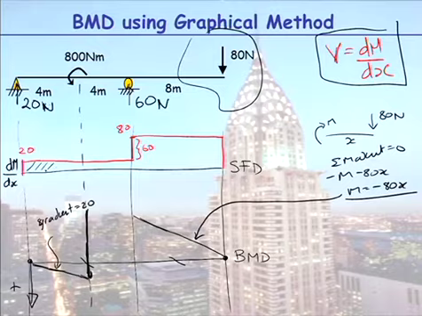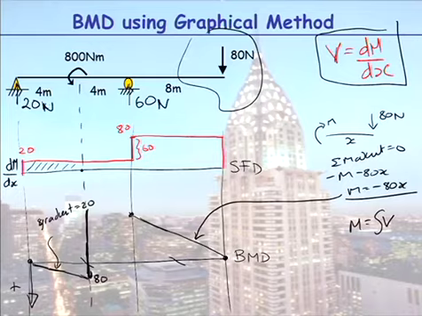It would be the area under here, because moment is also equal to the integral of your shear force, so it's also the area under it. Or I can just consider the moment at the load here to be 20 times 4, so that value in there is 80, and thus the value up here would be 80 times 8, which is 640.